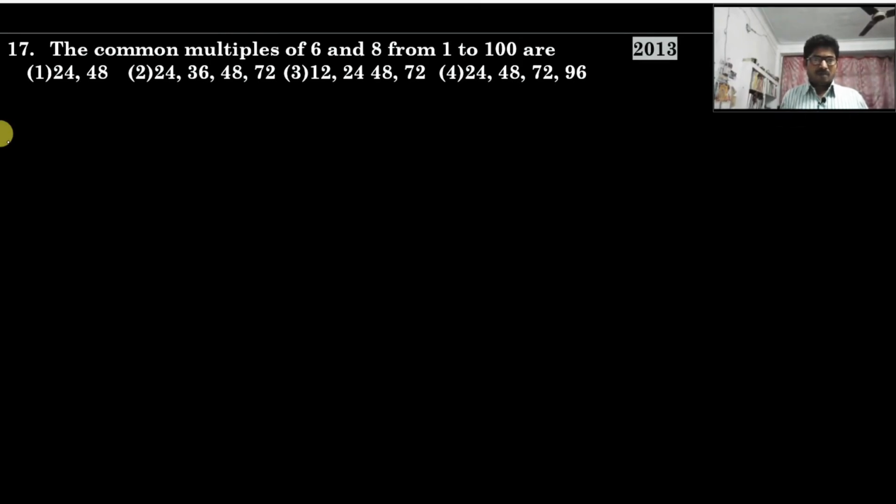We have to write multiples of 6 and 8. There is a formula, there is a method. The first common multiple.